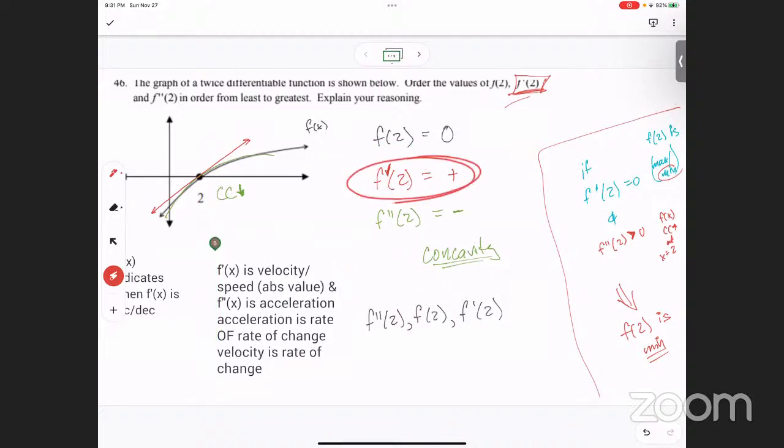That red thing in the middle there. In physics terms, velocity is the rate of change of distance, right? Because when you're driving a car, you're traveling a distance. So it's the change in distance over time.